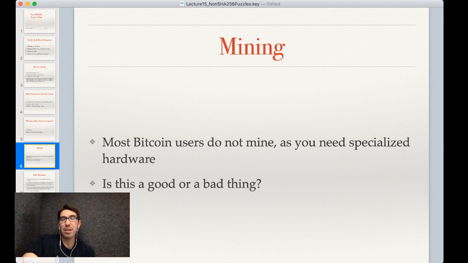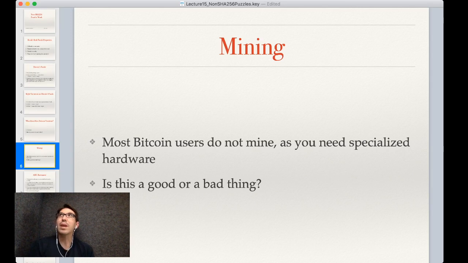But there are some issues with Bitcoin that we can see if we can fix by changing our proof of work algorithm. The first, and this is something that you hear people talking about quite often, is that most Bitcoin users do not mine.